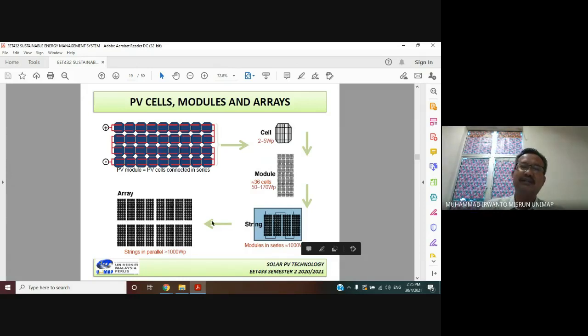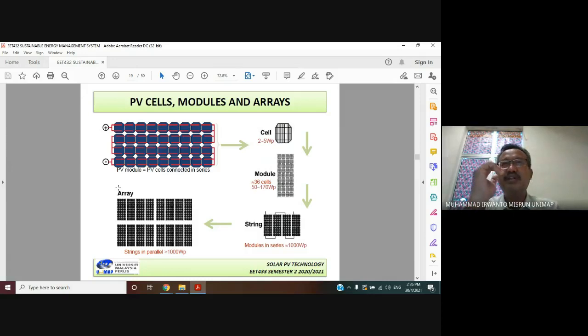And then if some strings are connected together in parallel, we call it a PV array. So from the PV module we can obtain module, string, and array. This one.